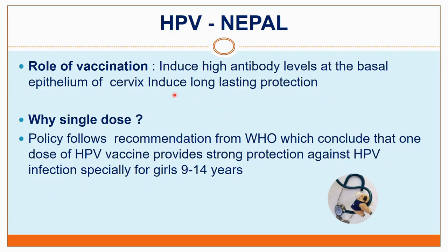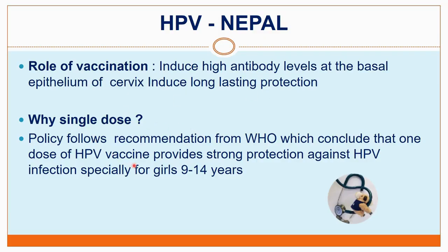The role of the vaccine is that it induces a high antibody level at the basal epithelium of the cervix, at the local site, so it induces long-lasting and very effective protection against this virus. The actual recommendation is 3 doses, but why a single dose in Nepal?